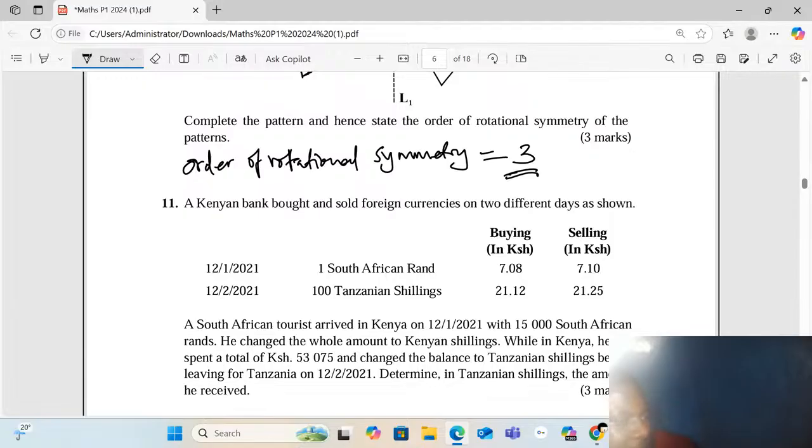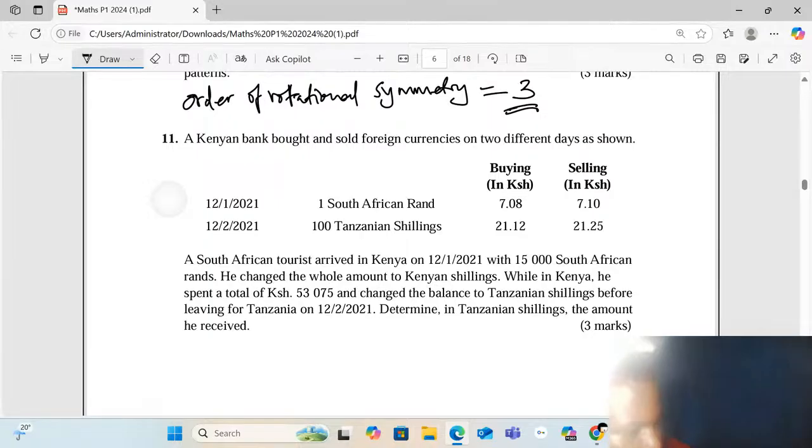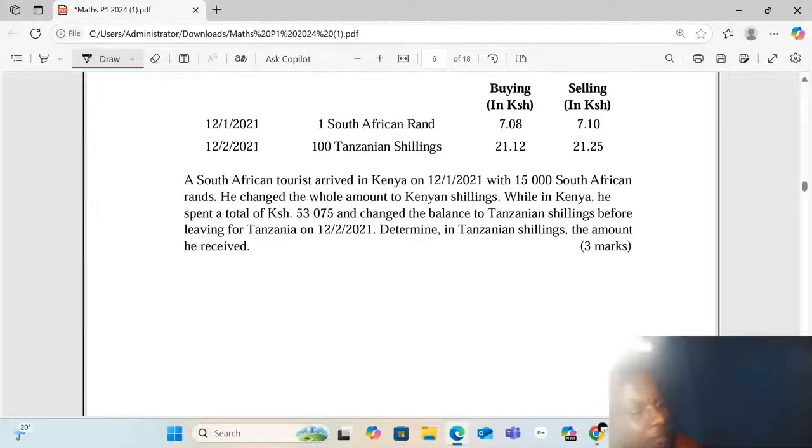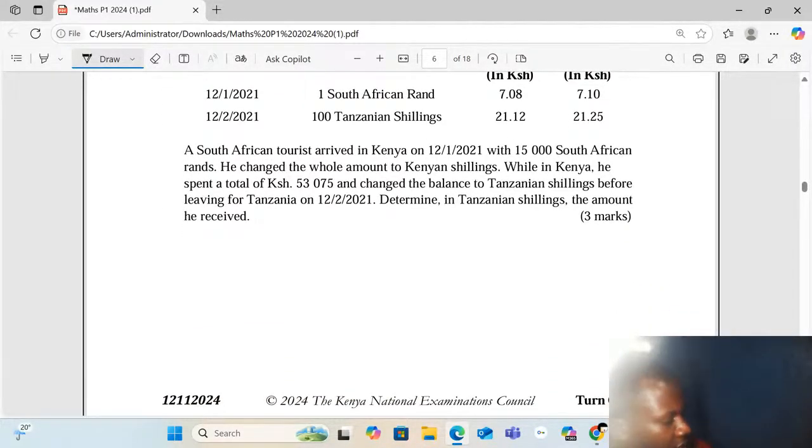Then while in Kenya, he spent a total of 53,075 shillings and changed the balance to Tanzanian shillings before leaving for Tanzania on the 12th of February. Now determine in Tanzanian shillings the amount that he received.